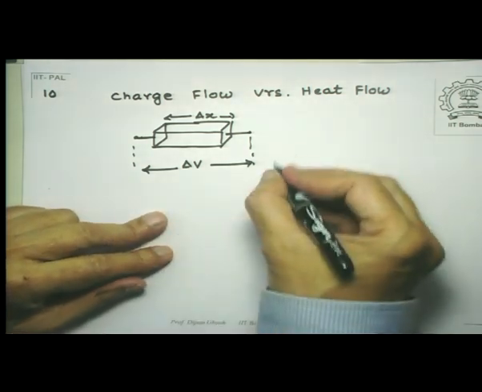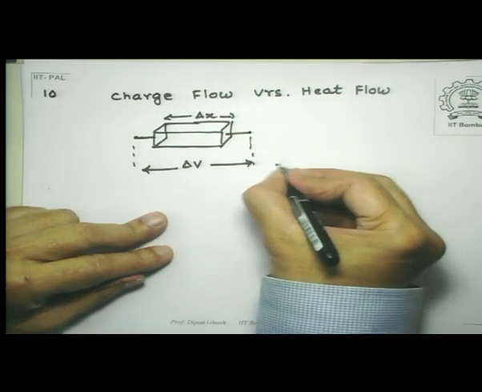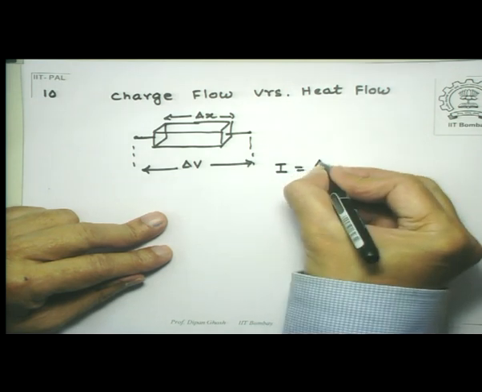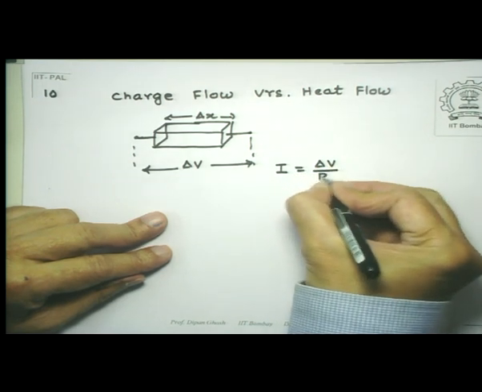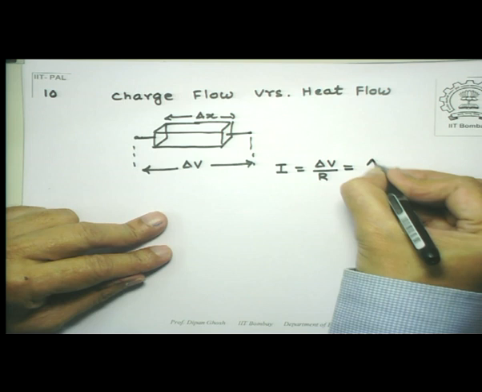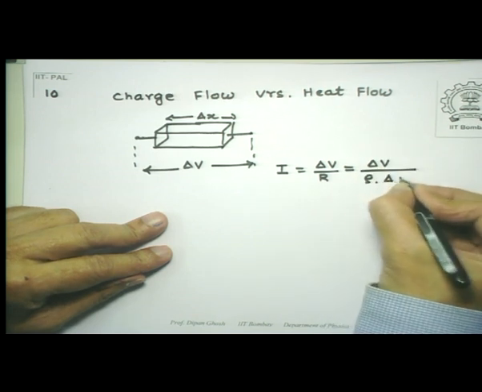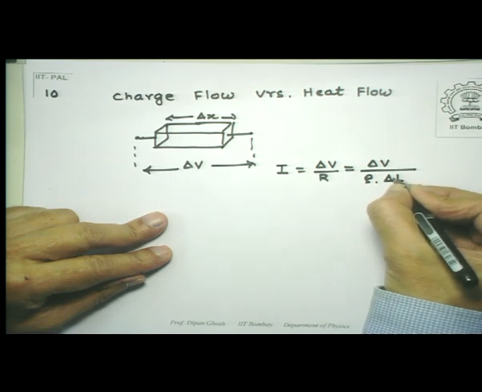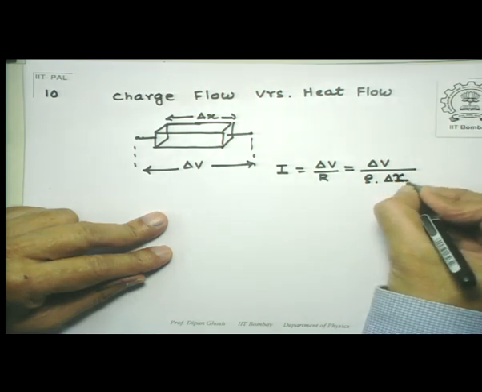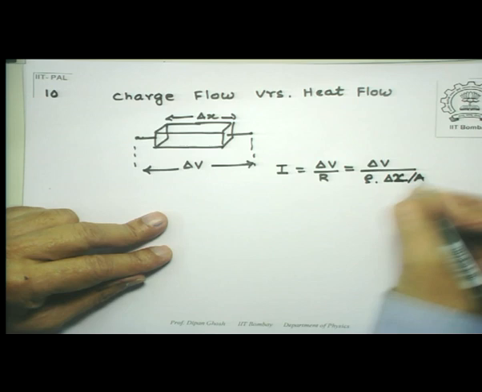Then by definition of resistance of the sample, I know my current I is delta V divided by R, which is delta V divided by rho times its length delta x divided by the area.